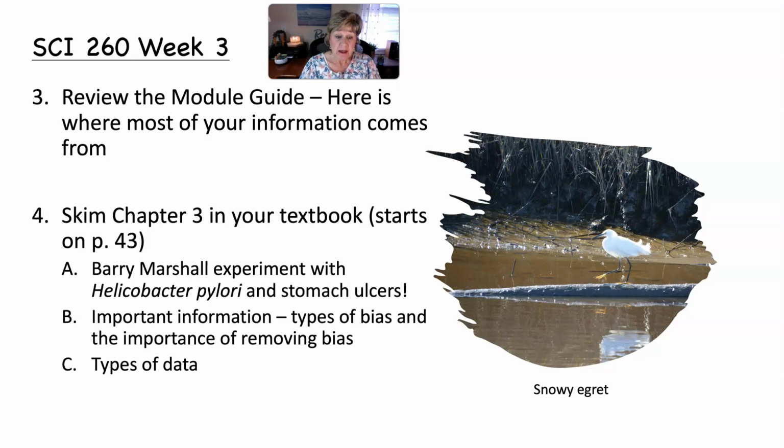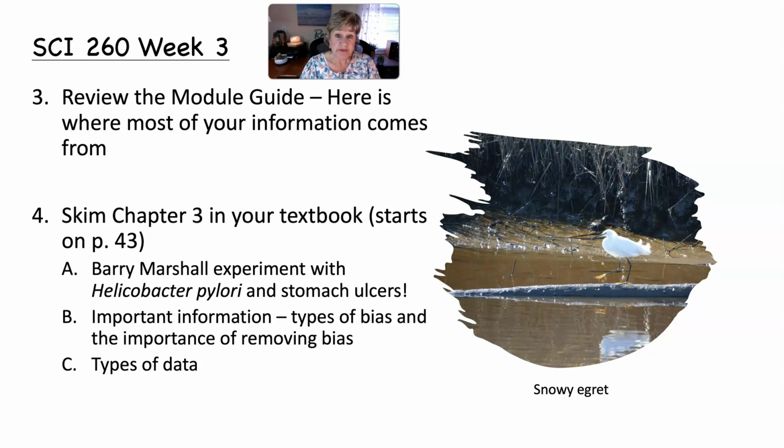But then along comes Barry Marshall, and he discovers these bacteria in the stomach, and the fact that when they attach to the lining of the stomach, this creates inflammation, and your inflammatory response actually eats a hole through your stomach, and that's an ulcer. So he was trying to show this in his scientific work, and nobody believed him because everybody believed ulcers were caused by spicy food, stress, etc. So what does he do?